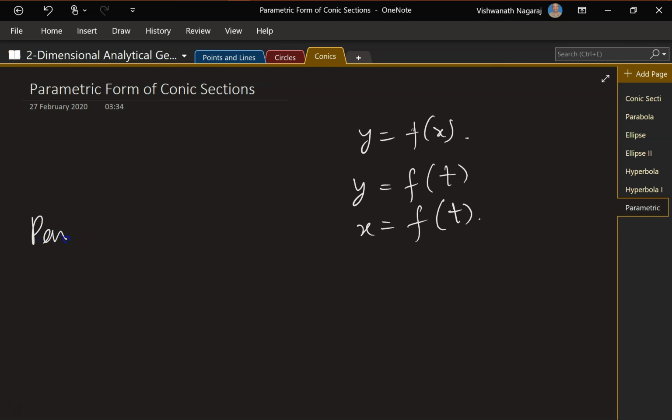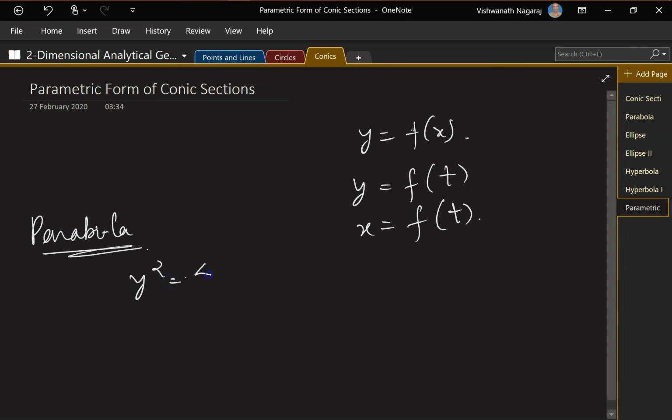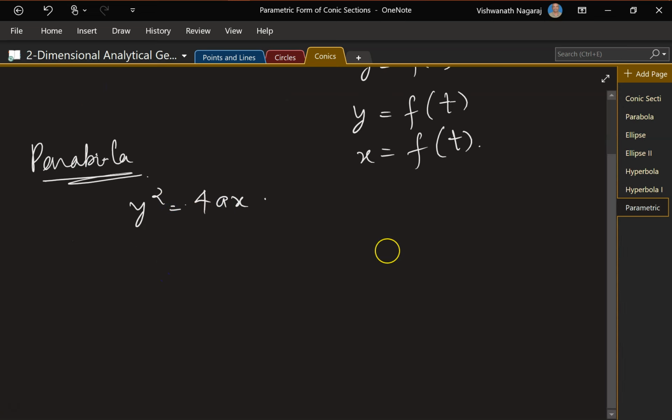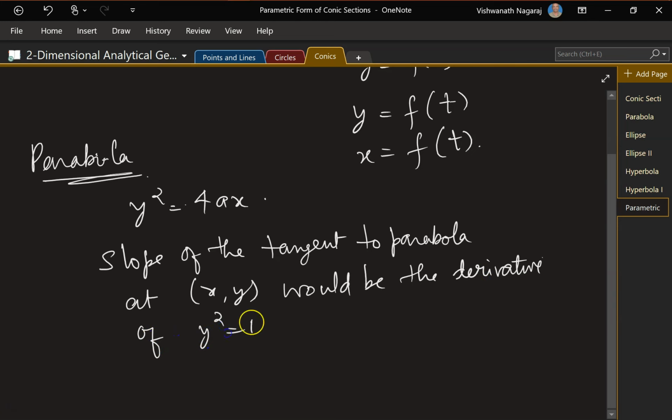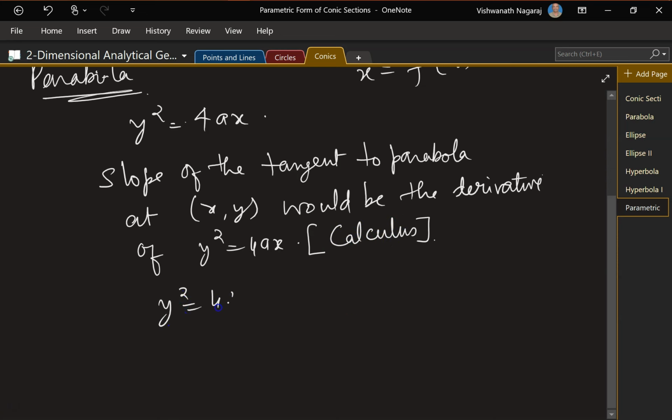So let's take parabola first. Standard form is y square is equal to 4ax. The slope of the tangent to the parabola at a particular point would be the derivative. This is a little bit of calculus that I am using. So y square is equal to 4ax, differentiate with respect to x.